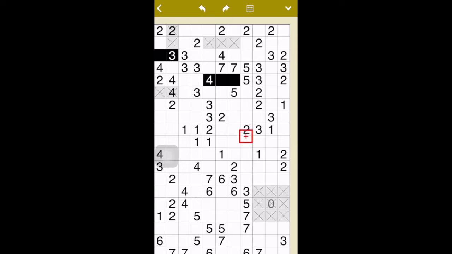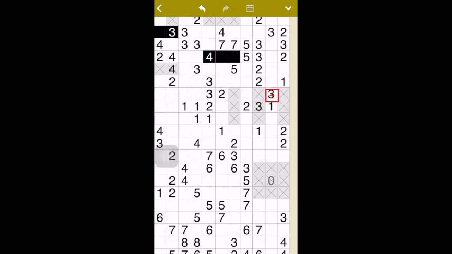So if I have the two here, that means the column on the right will all become gray spaces, right? Since I have two black spaces, that will make the two.